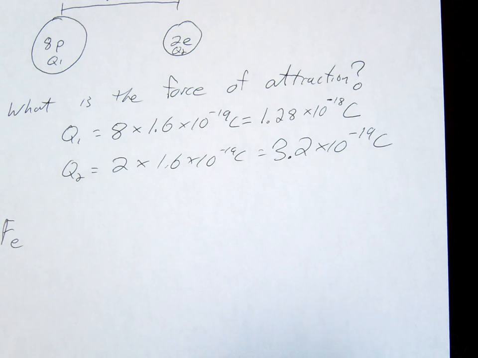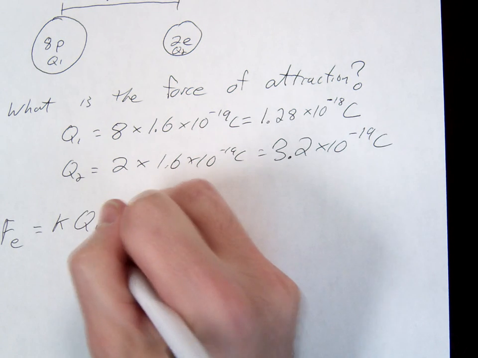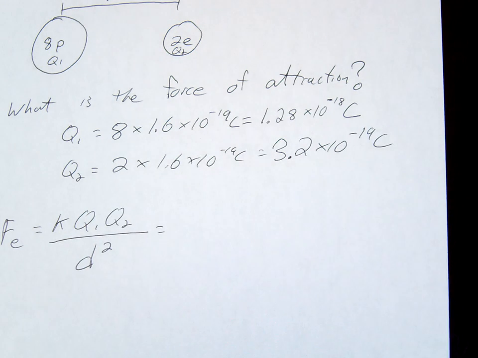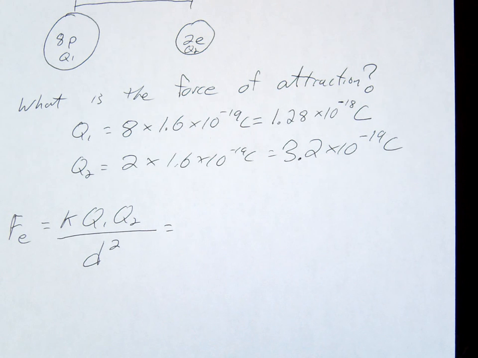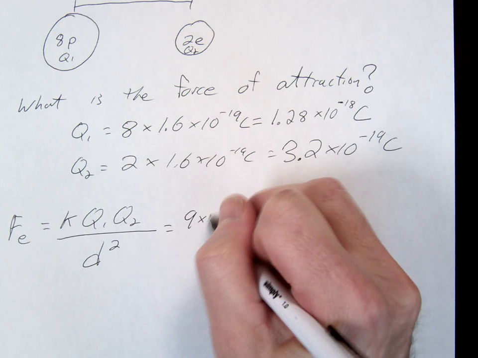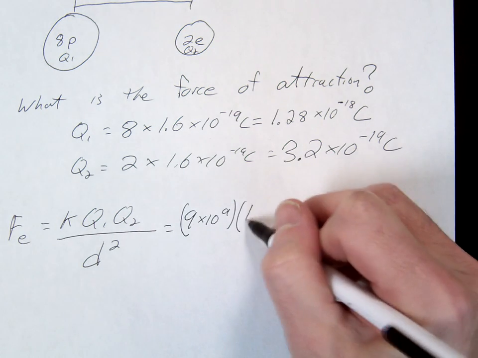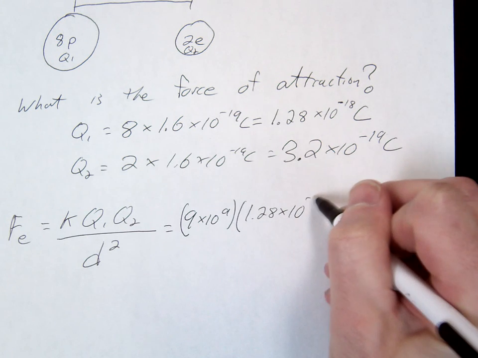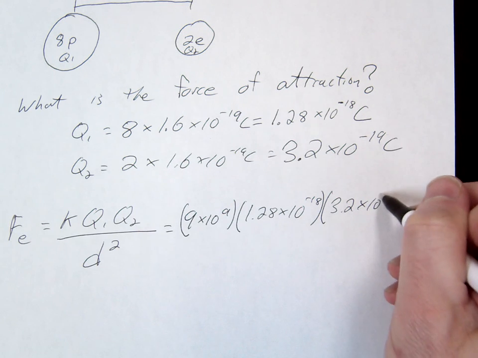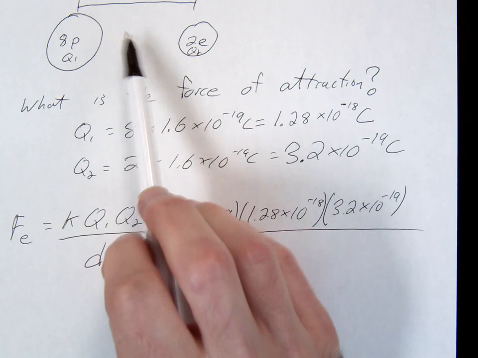So let's go ahead and find the force now. We're just going to use our equation, k Q1 Q2 over d squared. What do we have to do at 10 centimeters?